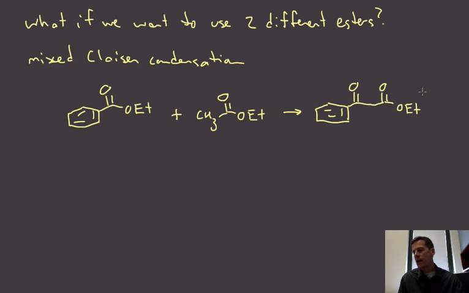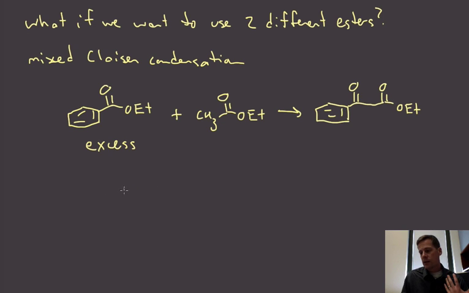Okay, so this would be fine. The problem, of course, is that this reaction can occur, but also this ethyl acetate could add into itself. So you'd need to use an excess of the electrophilic component if you want to get a good proportion of this product versus the one where you would dimerize that component.